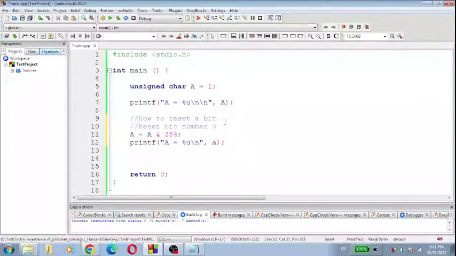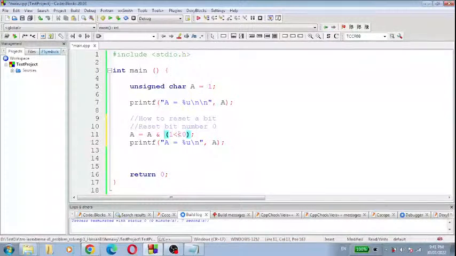I want to reset a bit. Please reset bit number 0. I'm going to remove this, and I'm going to use a mask here. What mask could I use? I'm going to write 1 shifted by 0, but there is a very important note here.